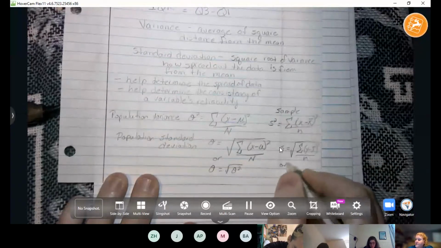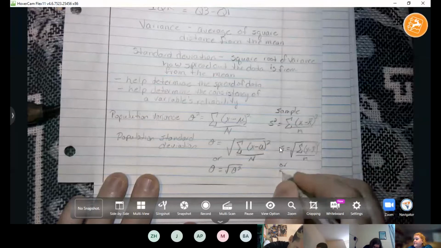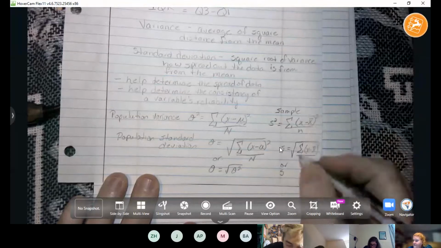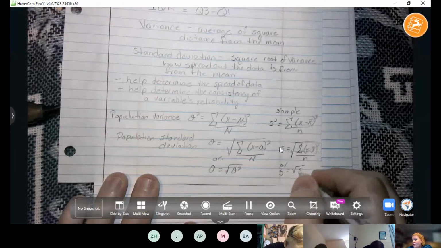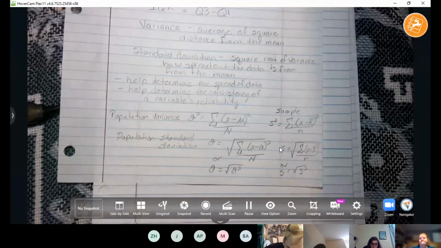Or if you just remember that you're taking the square root of that formula that you found, or S squared. That's really all you have to remember about it.